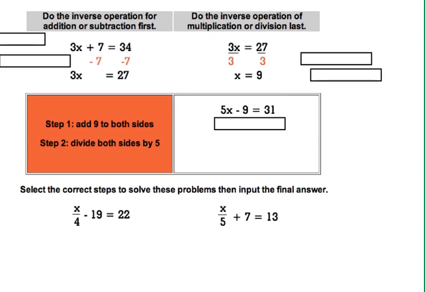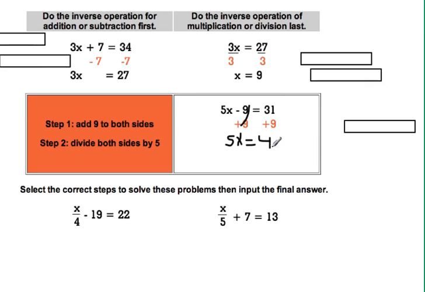Let's do another example. Here we have 5x minus 9 equals 31. Well, remember, we're going to add 9 to both sides to undo the minus 9. So we add 9 to both sides. These cancel out. And what we have left is 5x equal to 40. Now, to undo multiply by 5, we have to divide by 5.